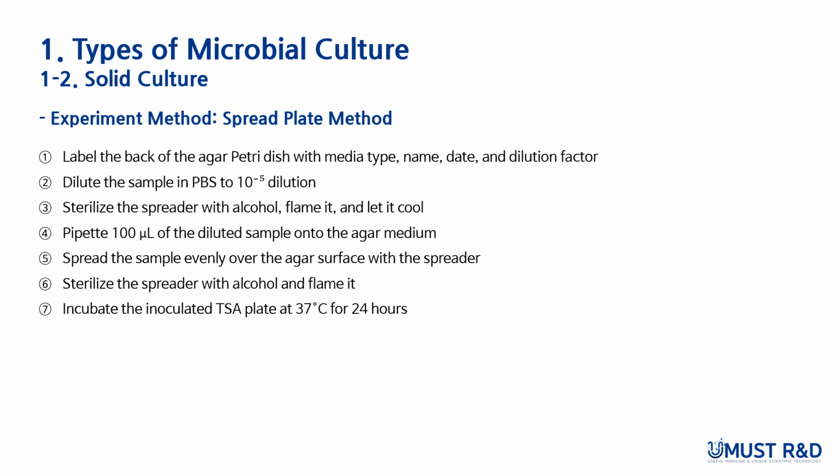The sterilized spreader is used to evenly distribute the sample across the plate. Once spreading is complete, the spreader is sterilized again to prevent contamination. The TSA plate is then incubated at 37 degrees Celsius for 24 hours.